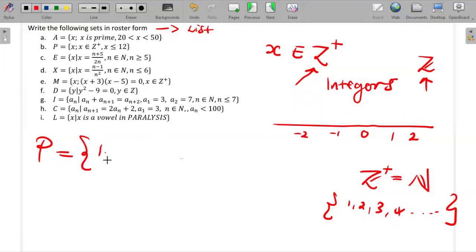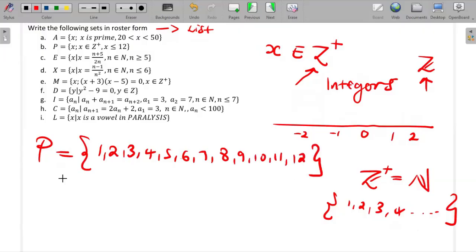So you're going to list them: 1, 2, 3, 4, 5, 6, 7, 8, 9, 10, 11, and then 12. So these ones here will be the elements that will be present in the set P. Okay, so we've listed that set now. All right, so any questions there, guys?